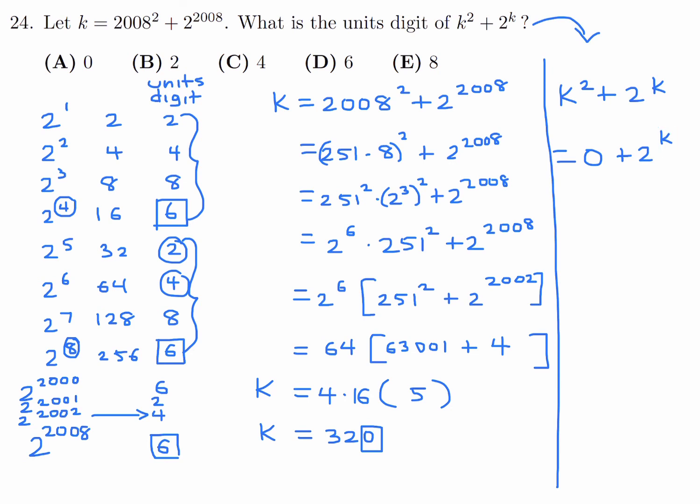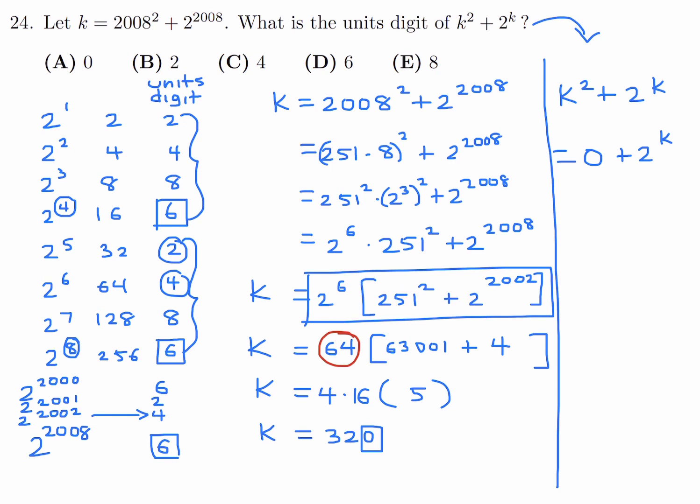Now remember, k is some big long number. It's really represented in full up here. And we just were looking at units digits. But if you look at this number right here, you'll notice something, I hope. Just look at this right here. 2 to the power of 6. What is 2 to the power of 6? It is 64.